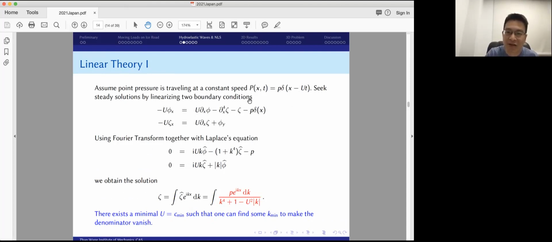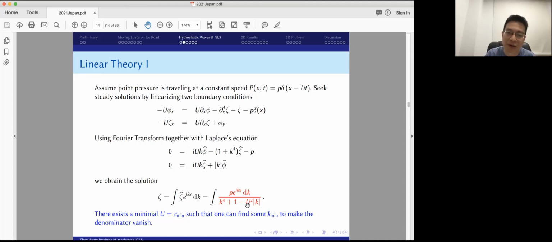And then you can linearize the system and solve it using the Fourier transform, and you end up with an integral. Surprisingly, the same thing happens as for a fast track, because if you focus on the denominator, if u is very small, the moving load is slow, then the denominator is always positive. Then you can always take the Fourier inverse transform.